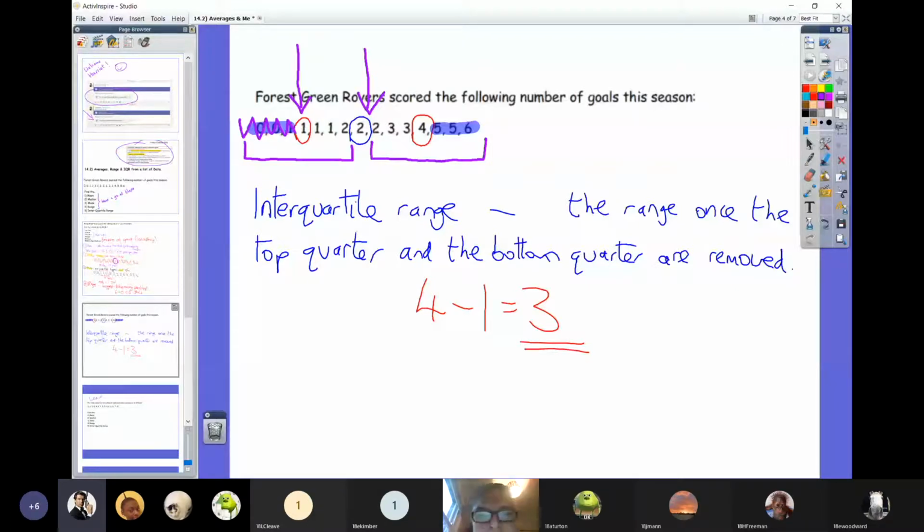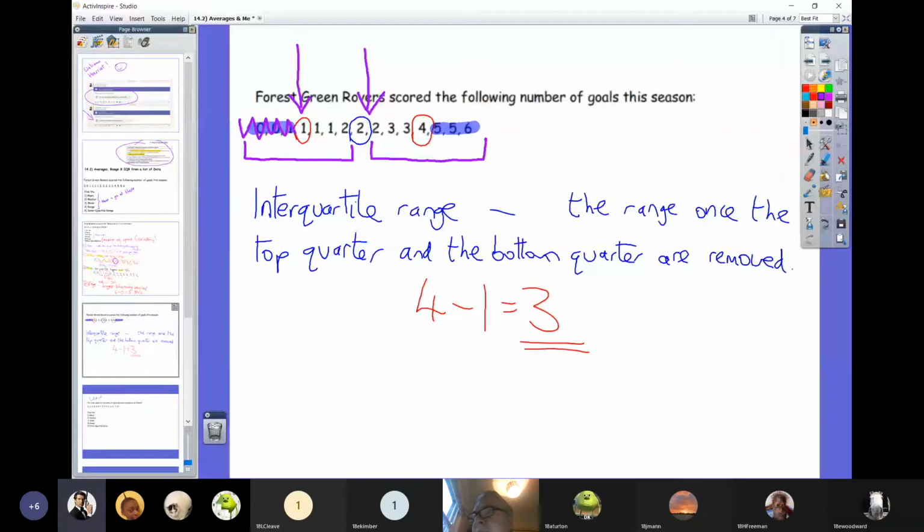And what you then do is get rid of those 3 very good scores. So you get rid of the 5, 5, and the 6, which I'm about to cross out. Just waiting for the lag. It's about a 3 or 4 second lag now. Never mind, not the end of the world.